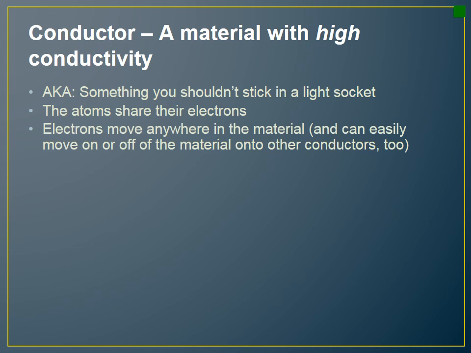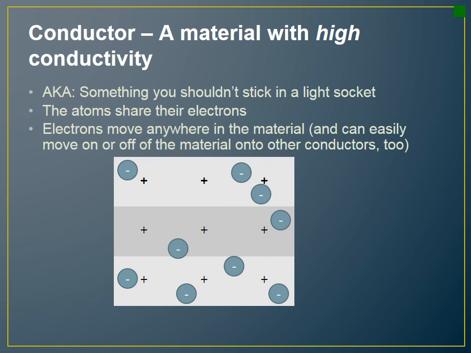The electrons can move anywhere in the material and can easily move on or off the material and onto another conductor as well. So if you touch conductors together, they will happily share electrons. Now, if you could zoom in on a conductor, you'll notice that the protons and electrons are still neutral, but it looks a little different.